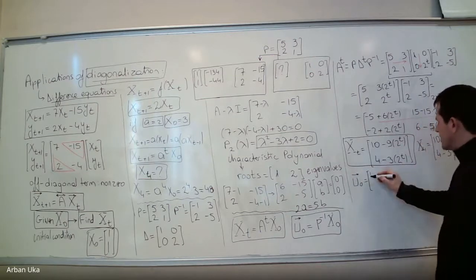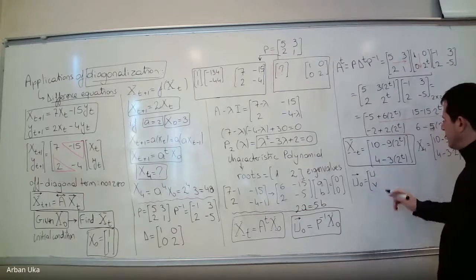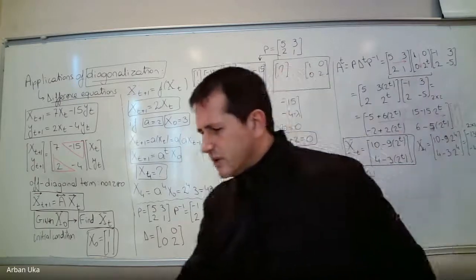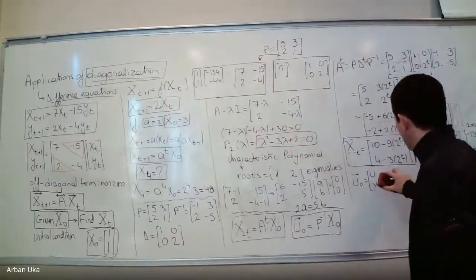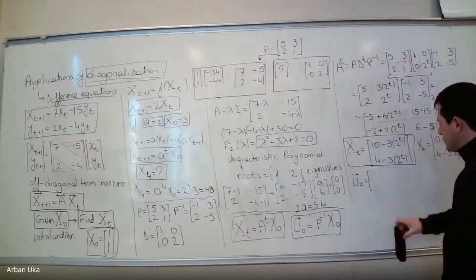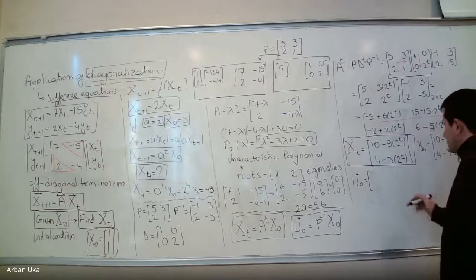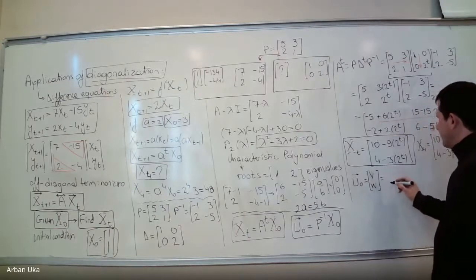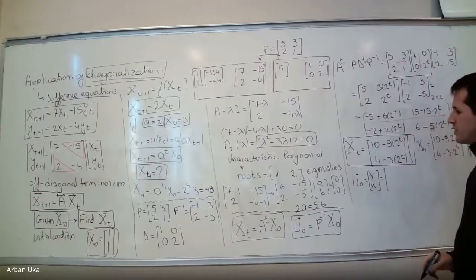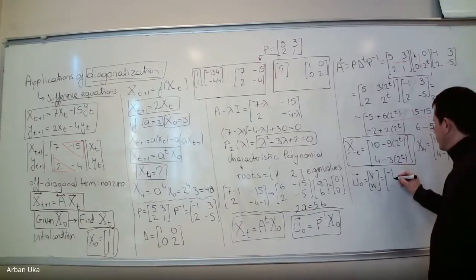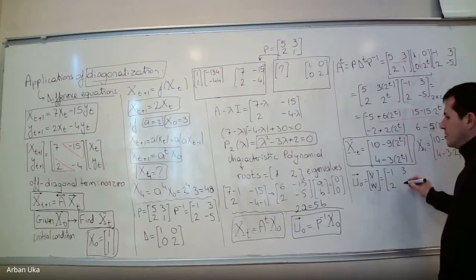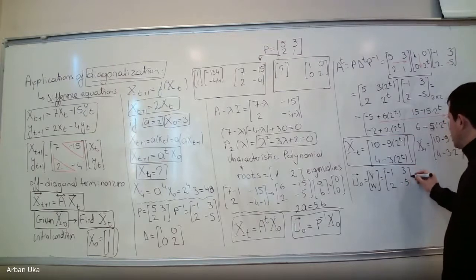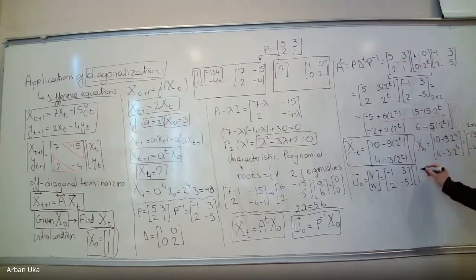Then we find the u0 as a vector composed of a pair of numbers. Let them be v and w, so that we don't get confused seeing the u a couple of times. This pair of numbers is going to be equal to p inverse, which is -1, 2, 3, -5 times 1, 1.